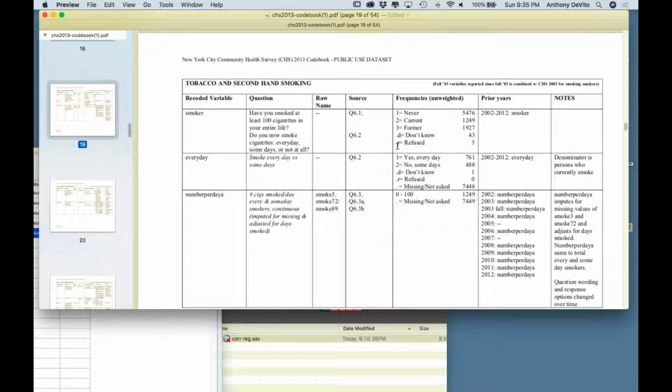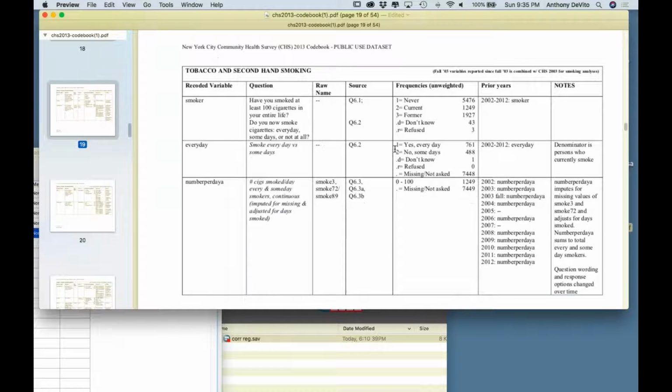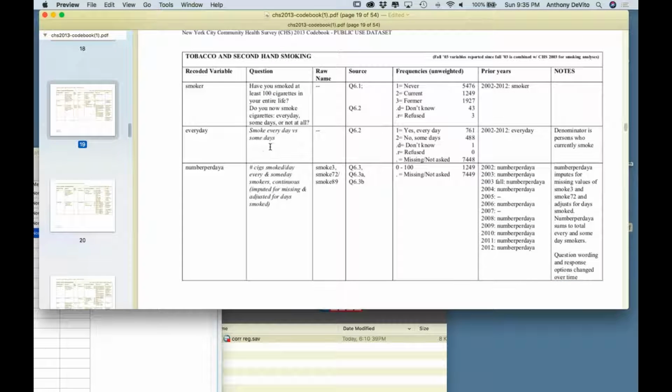Here's one: smoker, every day. The question is, do you smoke every day versus some days? So let's compare people who smoke every day versus people who smoke some days with regard to whether or not they've ever been diagnosed with asthma.